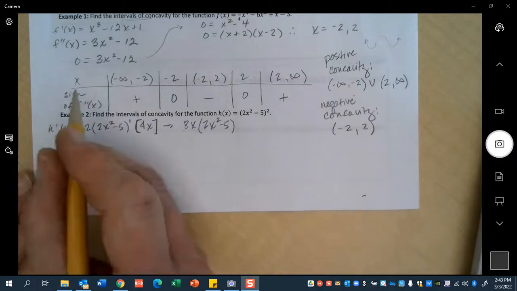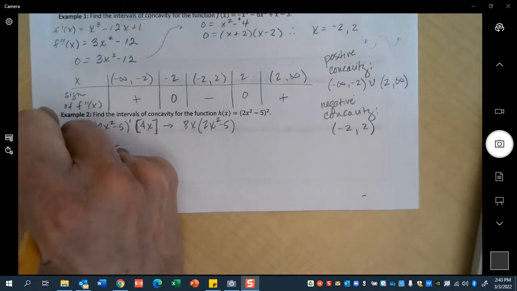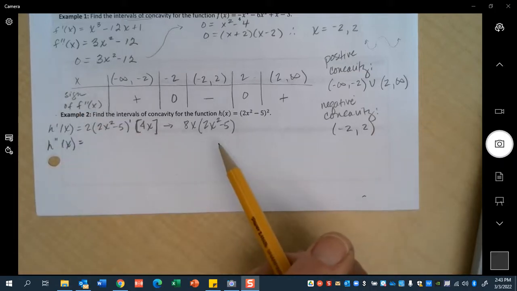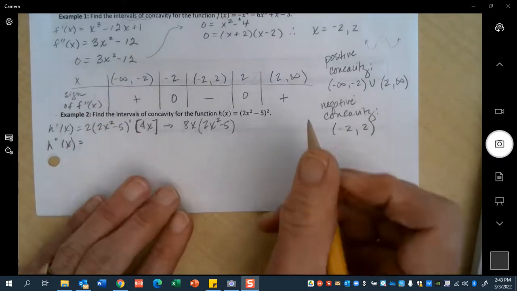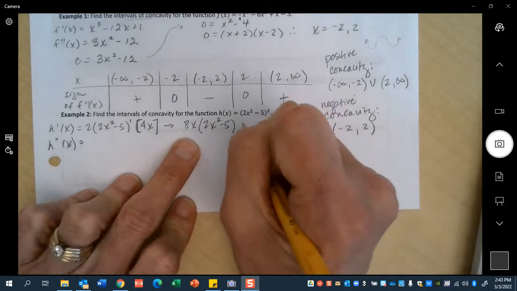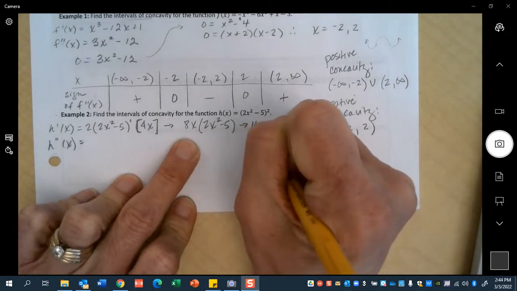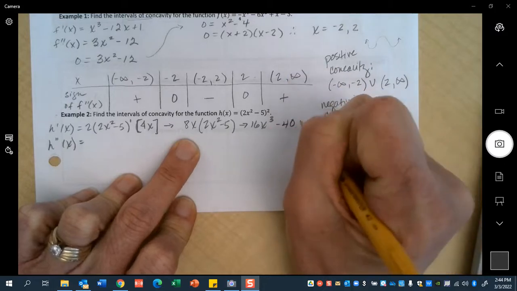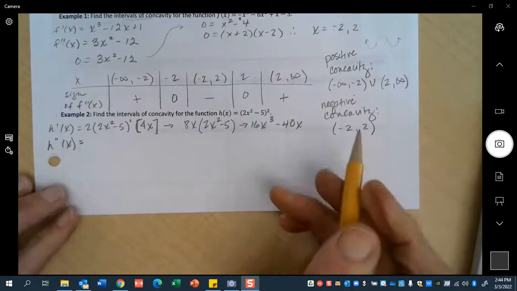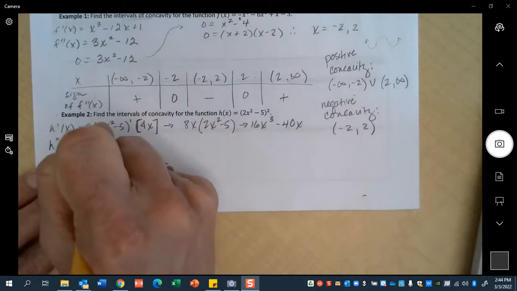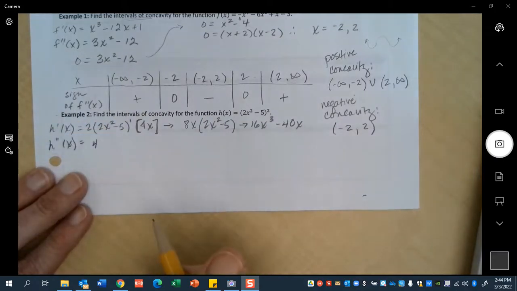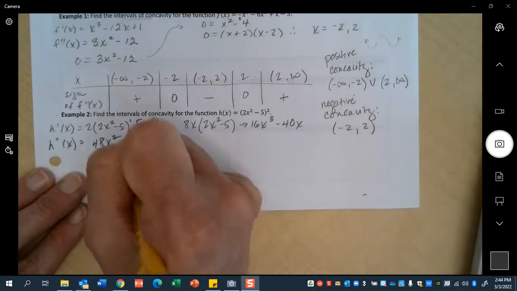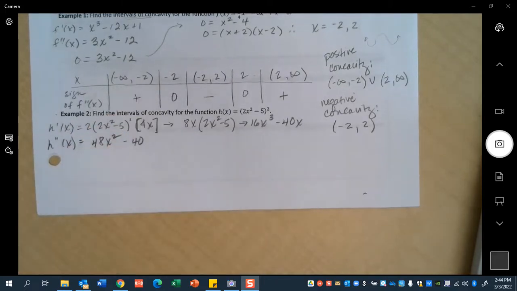But since you know that you're going to be taking the second derivative, maybe you want to set yourself up in a situation that's easiest for you. If you want to call this 16x cubed minus 40x, then when you take your second derivative, you can just use your power rule: 48x squared minus 40.